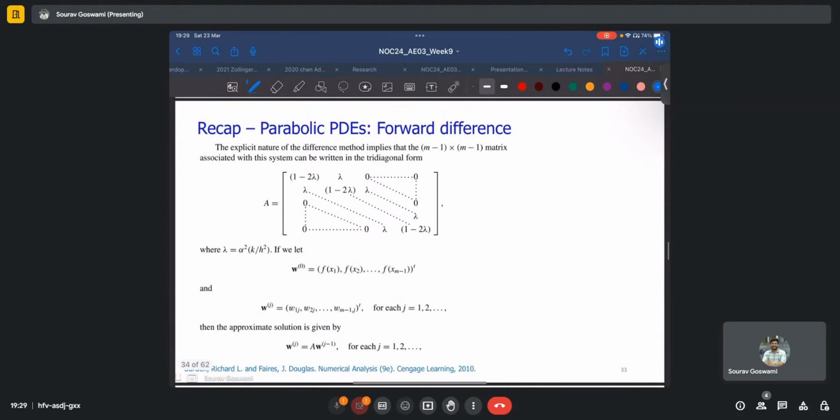And since it's a forward difference scheme, it is explicit in nature. We already discussed how the forward difference schemes are explicit. That is, the unknown quantity is expressed in terms of all known quantities and can be calculated by algebraic operations. The backward difference schemes were implicit in nature.